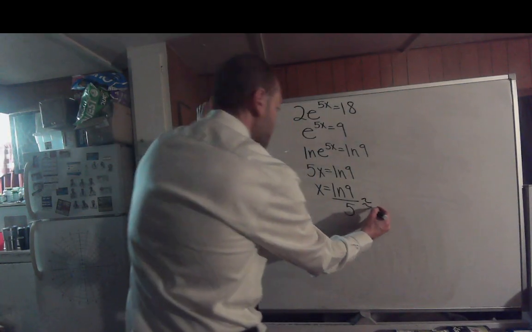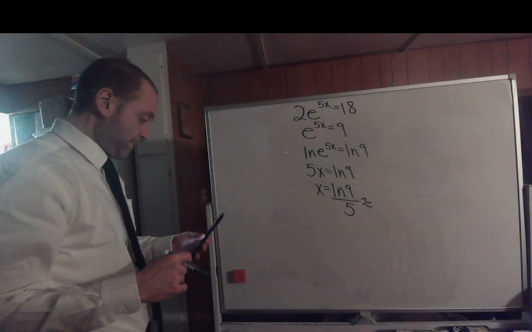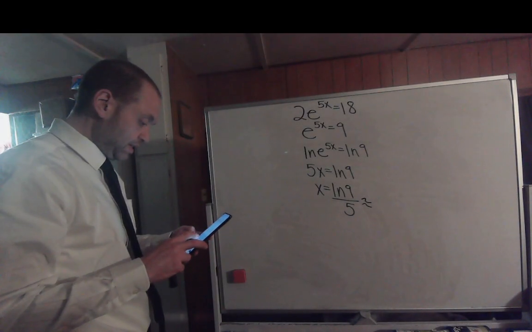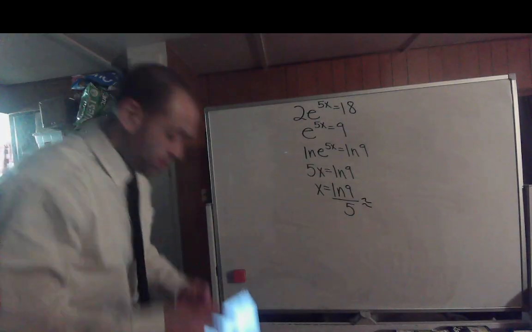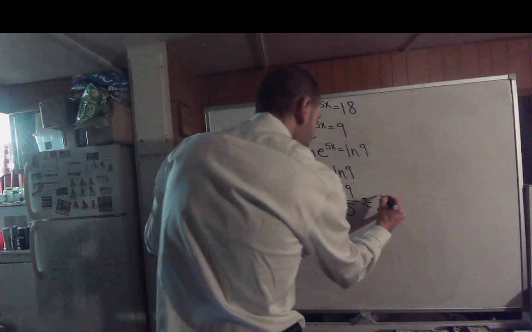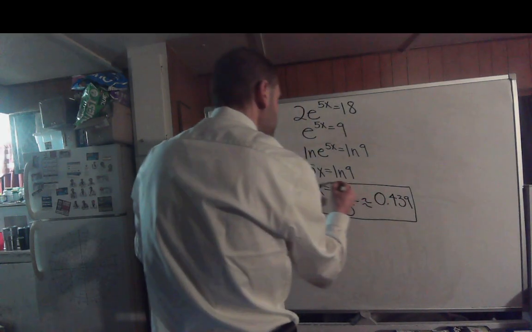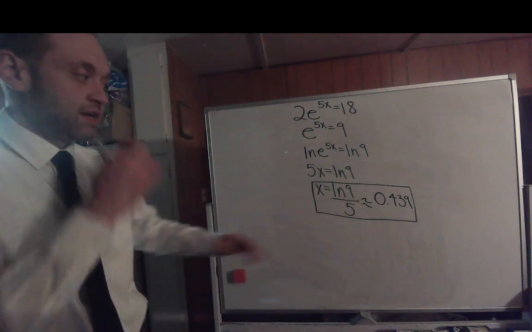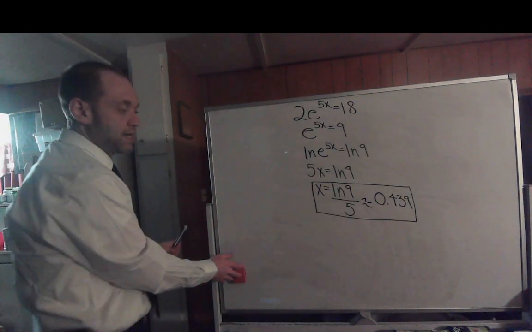And then we can get a 3 decimal place approximation for it, which would give you about 0.439. So x equals exactly the natural log of 9 divided by 5, or approximately 0.439. All right, that one wasn't so bad.